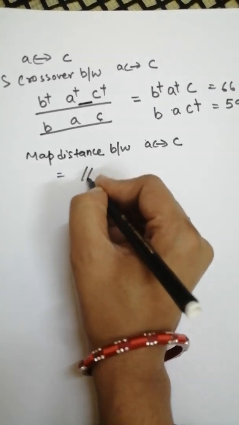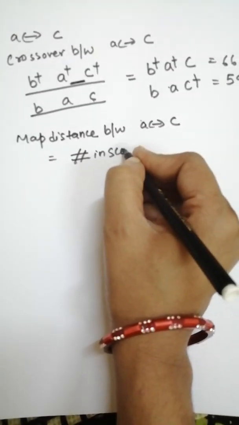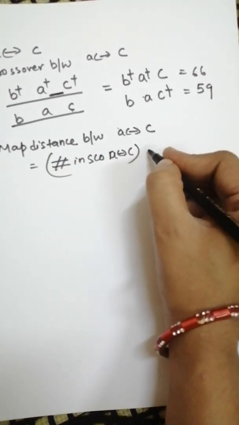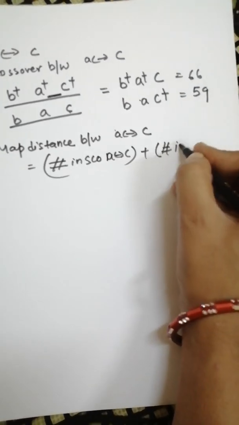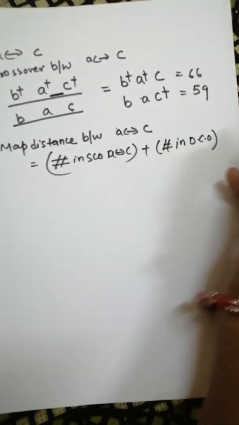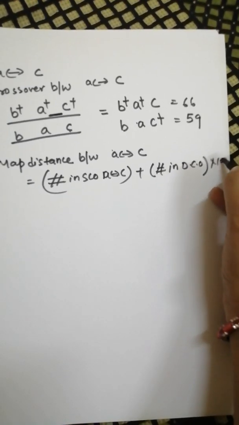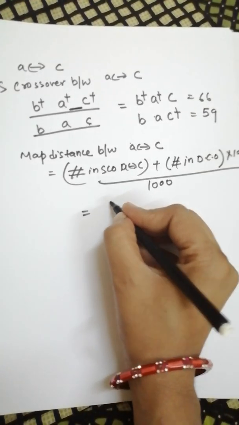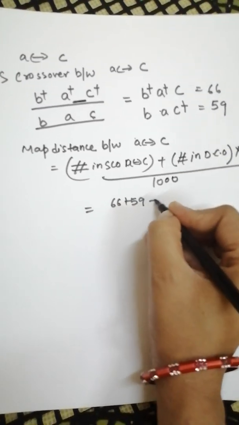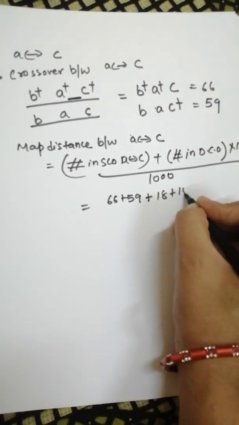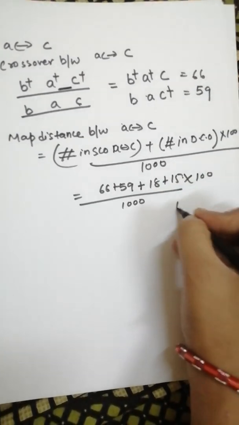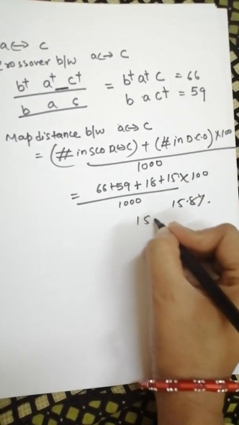is equal to number of progeny in single crossover between A and C plus number of progeny in double crossover, into 100 upon total progeny. Here 66 plus 59 plus 18 plus 15 is 15.8% or 15.8 mu.